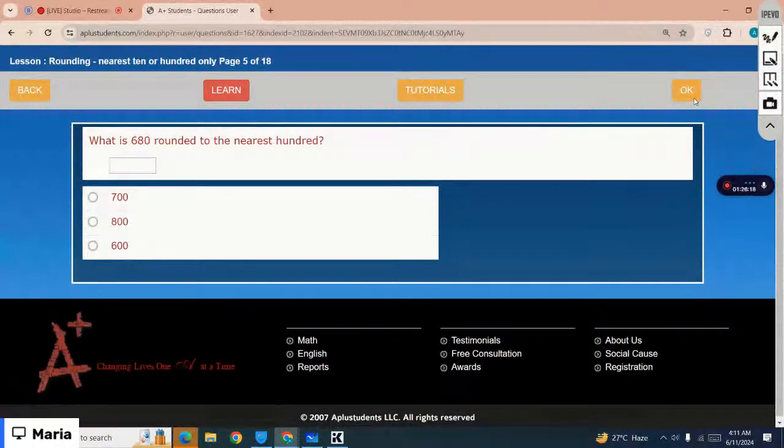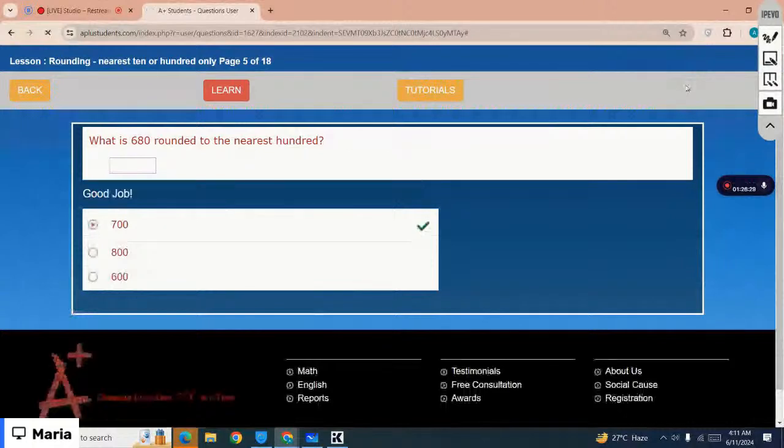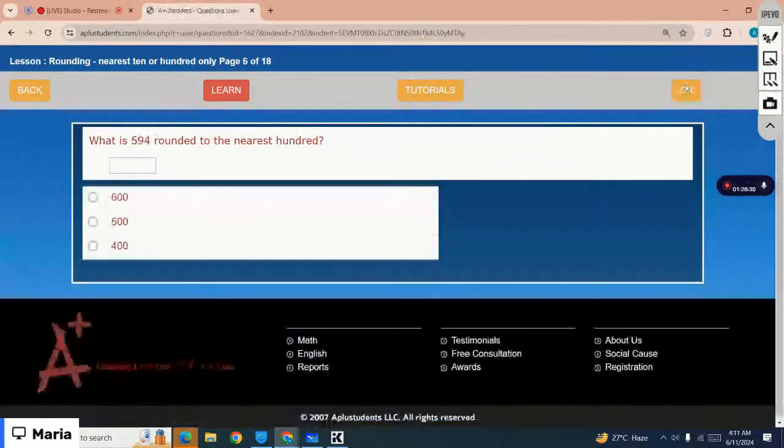680 is rounded off to, very good, 700. The correct option is option number 1. 700 it is. What is 594 now rounded to nearest 100?